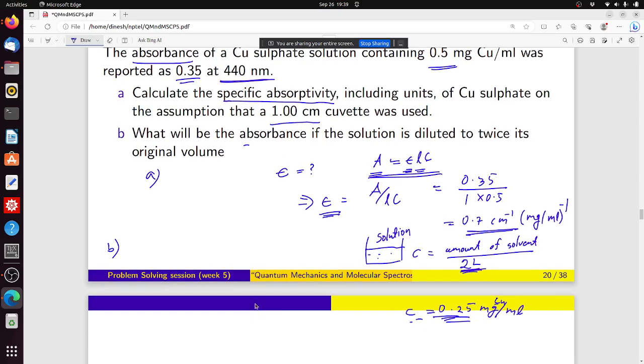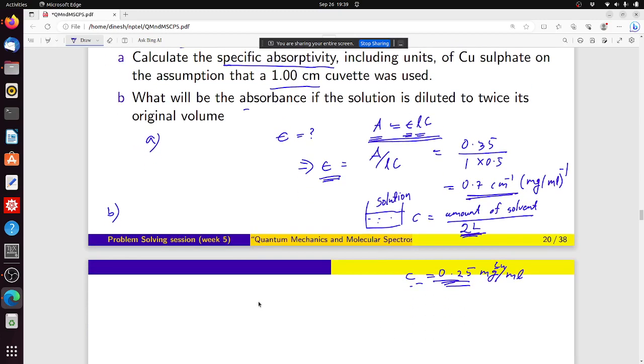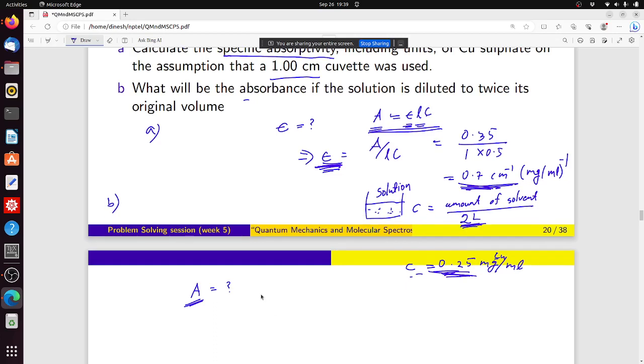Okay, now in this case, what will happen to the absorbance? This epsilon is a proportionality constant we have calculated, so it won't change for the system. If the concentration changes, what will happen? The absorbance changes, because the solution is diluted, right? Now its absorbance will change for this specific line.